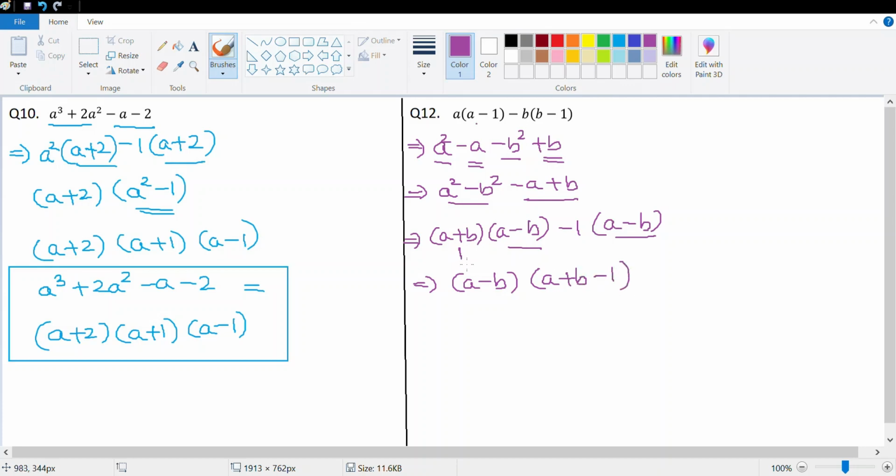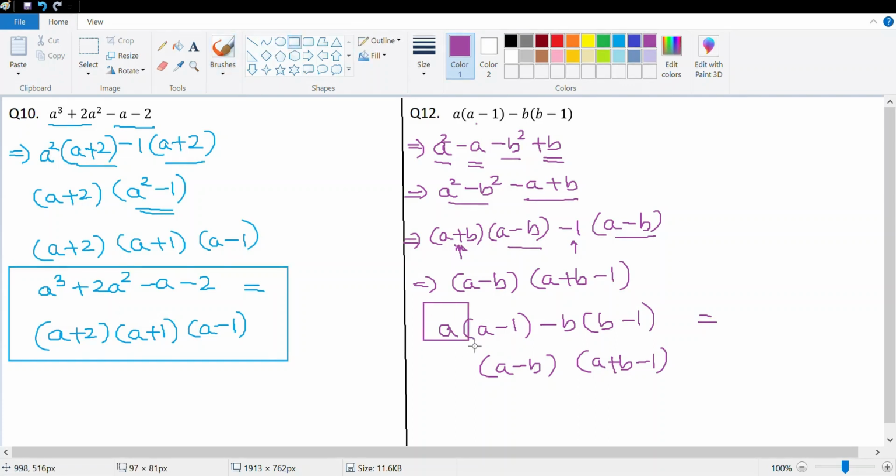From the first term, a plus b remains. From the second term, negative 1 remains. So representing the final answer, a times a minus 1 minus b times b minus 1 is equal to a minus b times a plus b minus 1. Right, that's the way to represent the final answer.